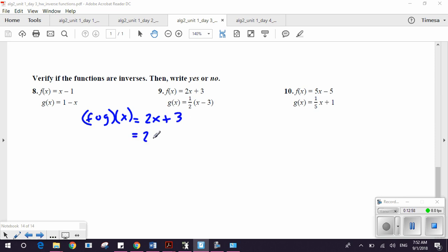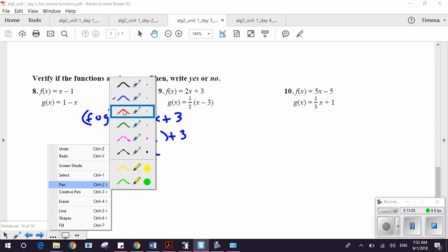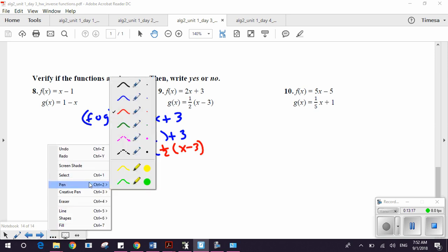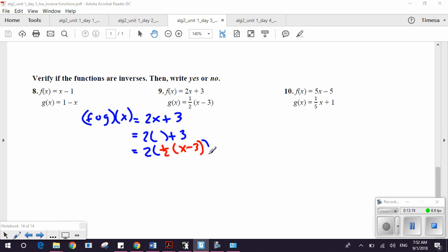Next, we're going to open a blank parentheses in place of x. So now we're ready to insert our gum, which is the g function, into our candy shell. So that's 1 over 2 parentheses x minus 3 is your g function. But there's still a plus 3 attached.